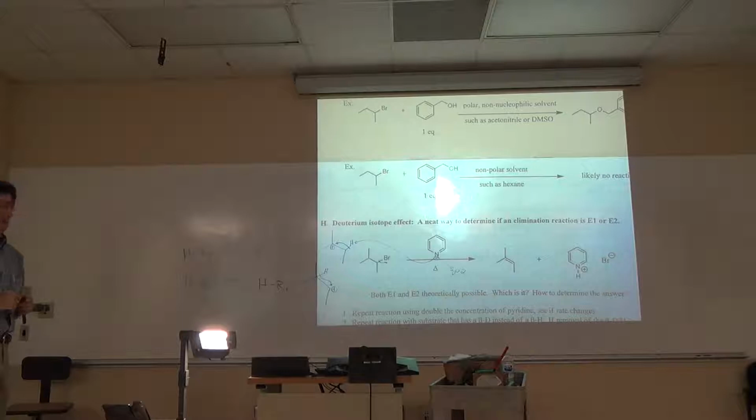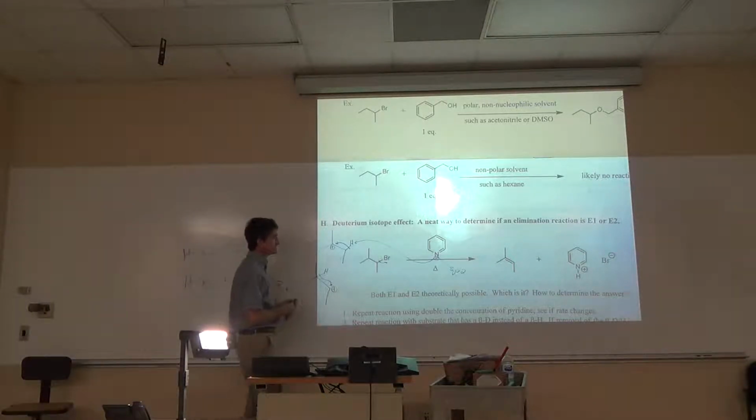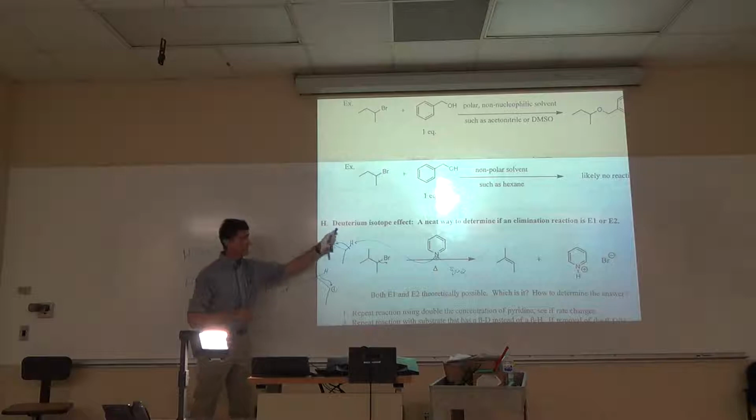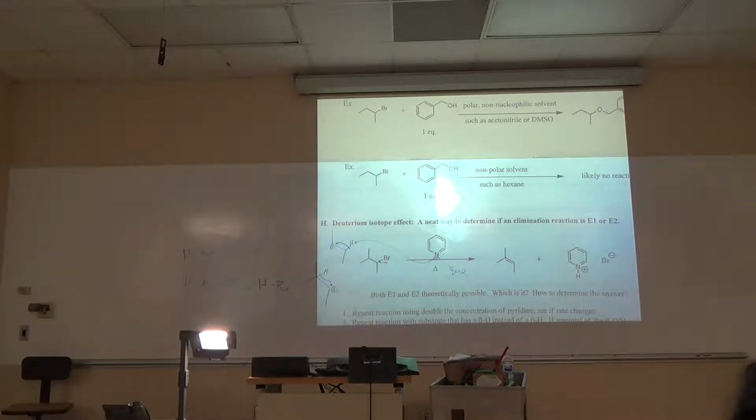So is it E1 or E2? It's hard to tell. What's a better way to tell? Well, first off, before we look at deuterium, how can we use rate information to determine this? If we double the base and the reaction rate doubles, that tells us it's E2.